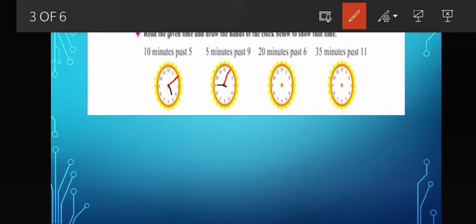The black color hand is the hours hand and the red color is the minutes hand.